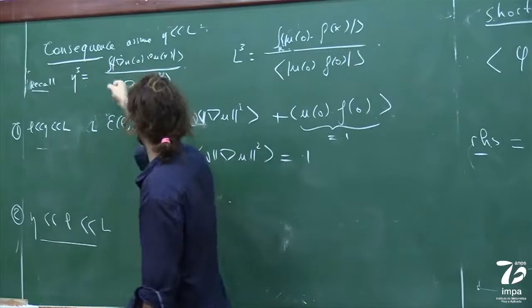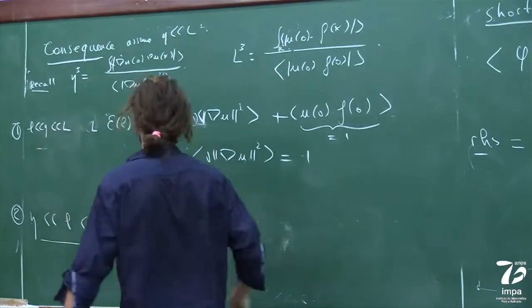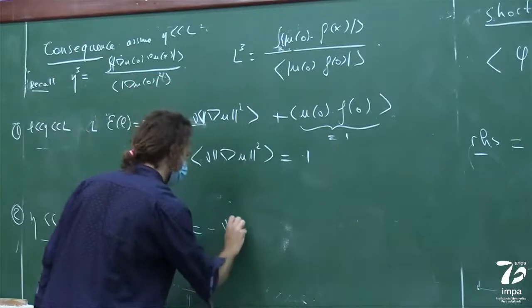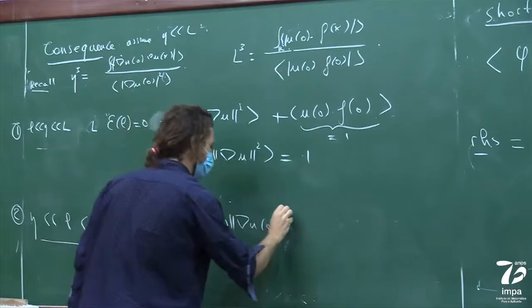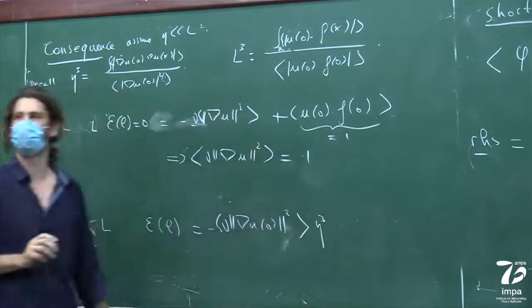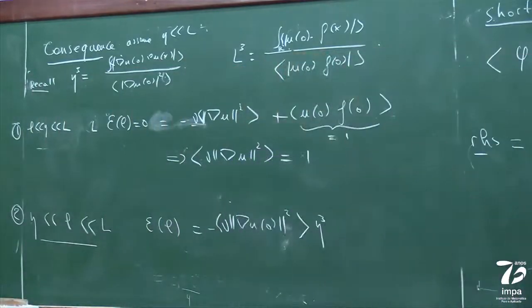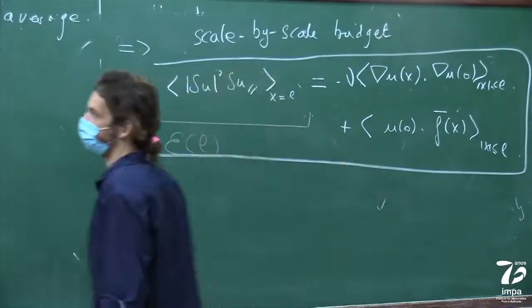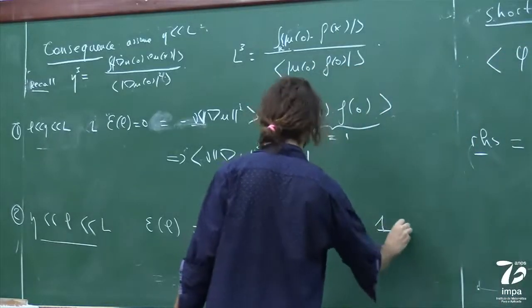So what we get in the end is simply nu delta u0 square times eta cube. And for the other term, I am in the same regime, so I will just get plus 1.